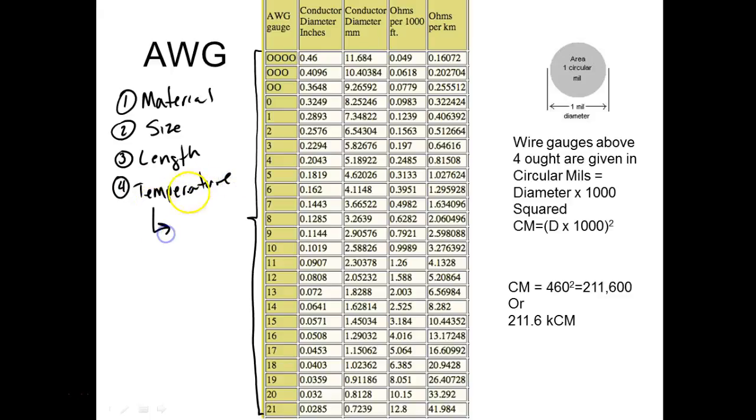The way it responds is, temperature goes up, resistance goes up. Directly proportional. So you could take a piece of wire and measure that resistance, then use the change in resistance to measure temperature.